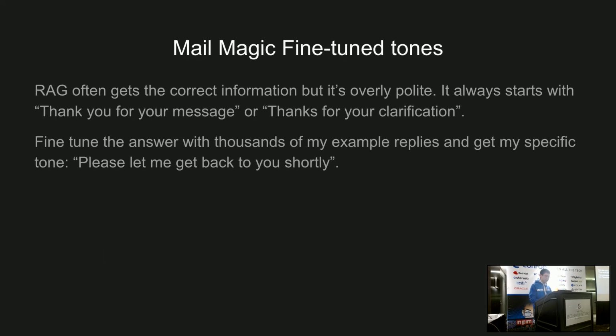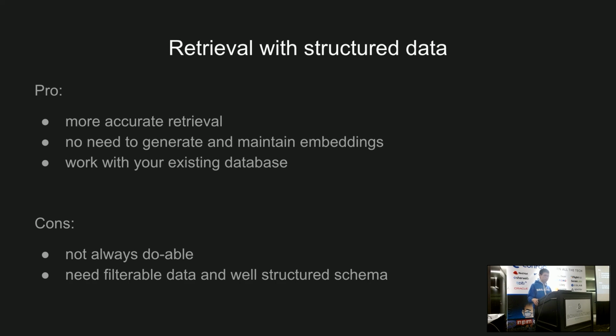Yeah, now let me also go over retrieval with structured data. We saw retrieval with unstructured data, which is, in my opinion, the most popular. It's probably the one you've heard the most: turn things into embeddings, and then do the search that way.